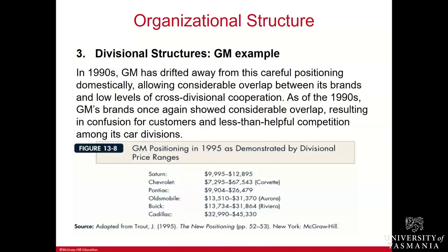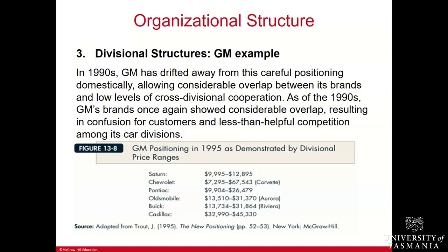And also the example continues. In 1999, General Motors has drifted away from this careful positioning domestically, allowing considerable overlap between its brands and low levels of cross-divisional cooperation.